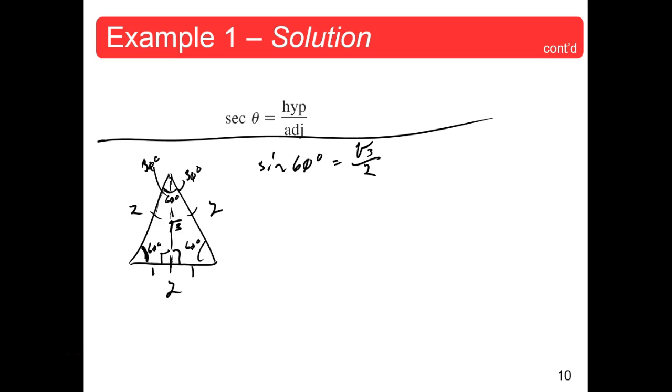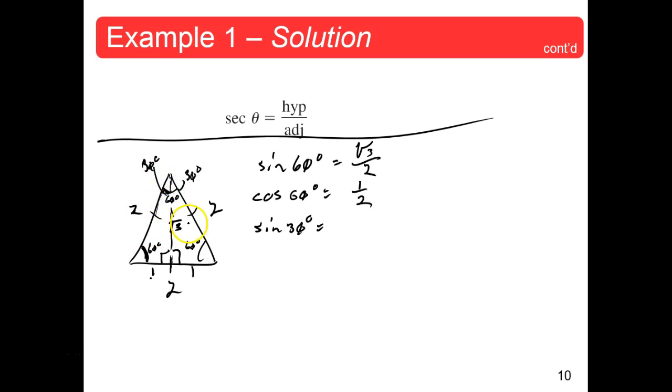The second one they asked for is the cosine of 60. And what would that be? 1 over 2, you're absolutely right, because it's the adjacent side over hypotenuse. And then they asked for the sine of 30. And what would that be? Here's your 30 degree up here.